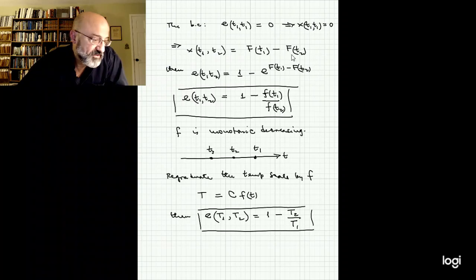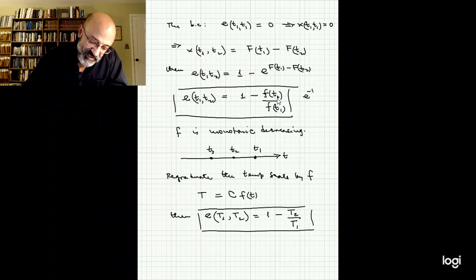F T1, F T2, so that X. Well, my notes tell me that the correct number here is T2, and this is T1, and okay, e to the minus f.